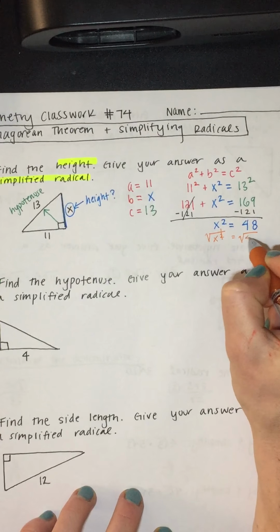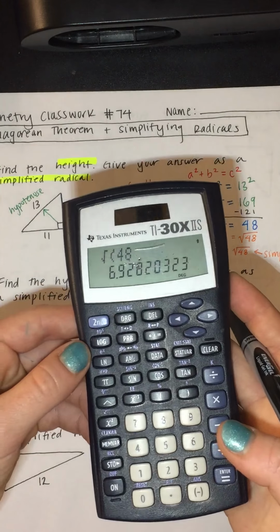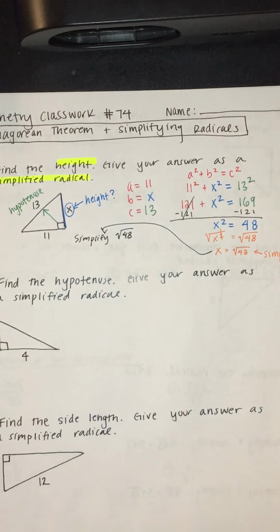First of all, I'm thinking to myself, it's going to be a little bit less than 7 because the square root of 49 is 7. So if I found it as a decimal, the square root of 48 would be just a little less than 7, 6.928. But I don't want it as a decimal. I want a simplified radical.